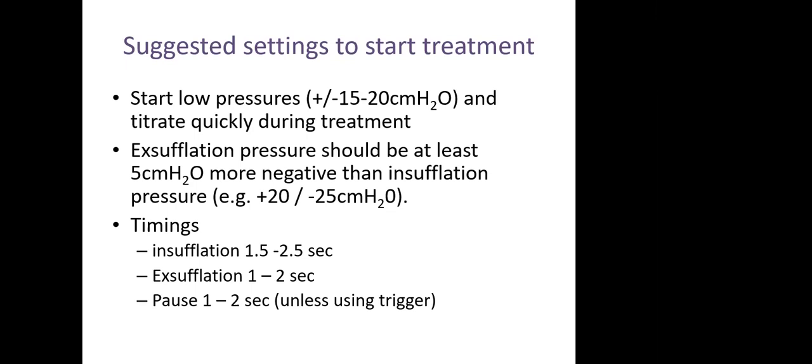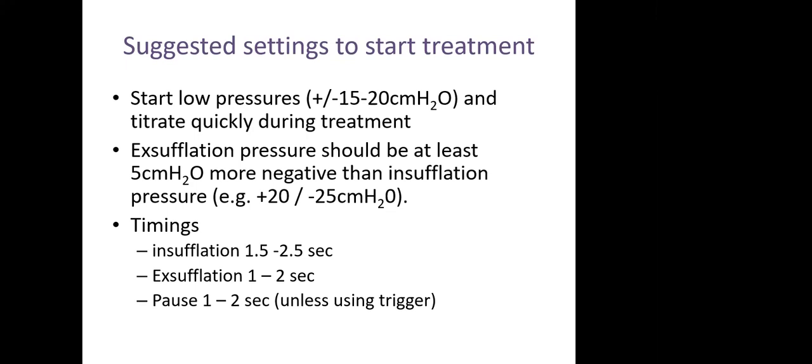Yeah, starting low. The other thing in terms of starting pressures from the research is, if they're on NIV, starting at +5 from their IPAP, so that you're actually starting on an effective positive pressure. There's no point starting on 15 if they're already on 15 as an IPAP.